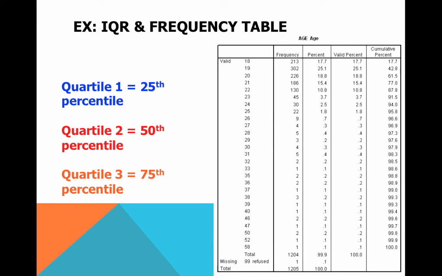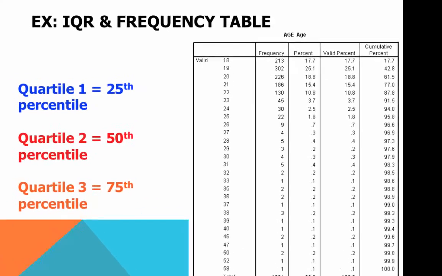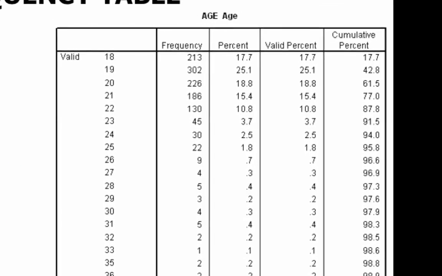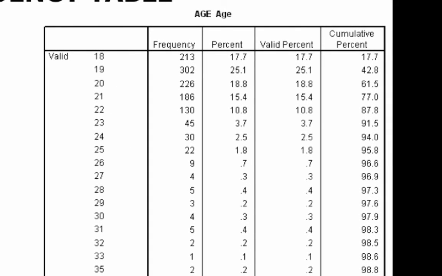Q1, Q2, or Q3? Hopefully you said Q2. So we look at our frequency table, look down our cumulative percent, and look for the response that falls within the 50th percentile. And we see that the age of 20 is at 61.5%.